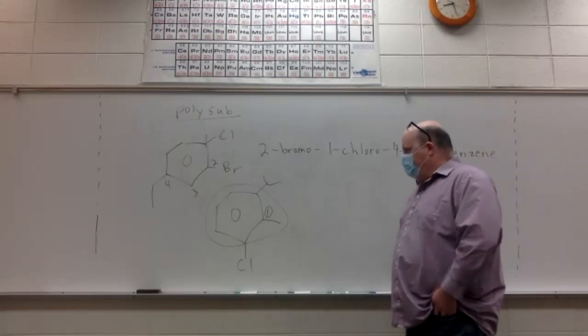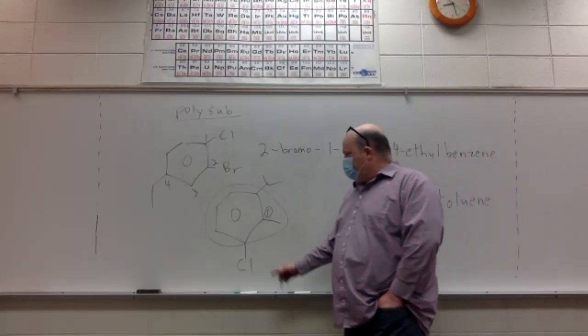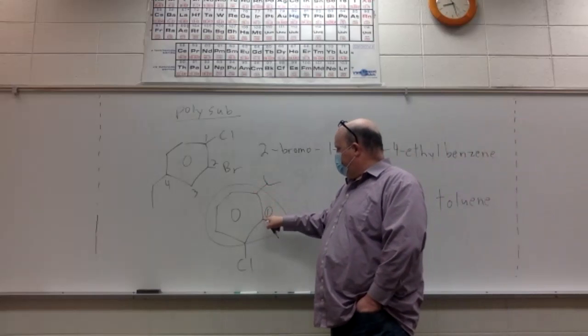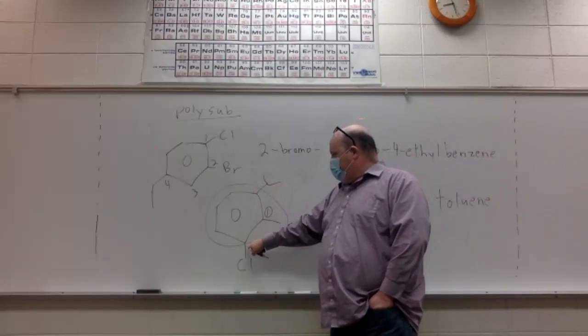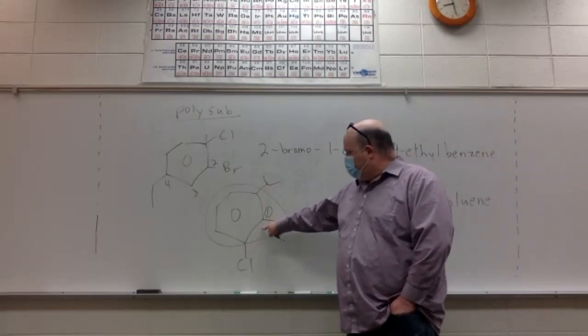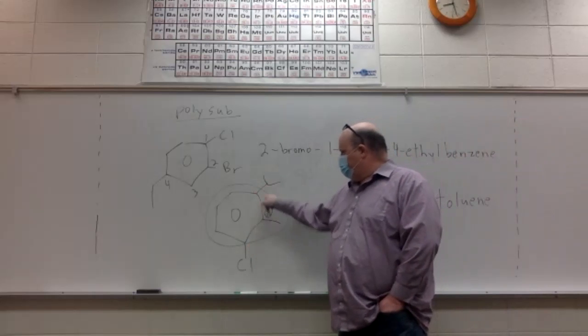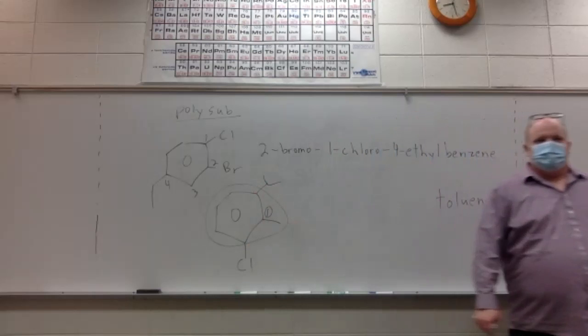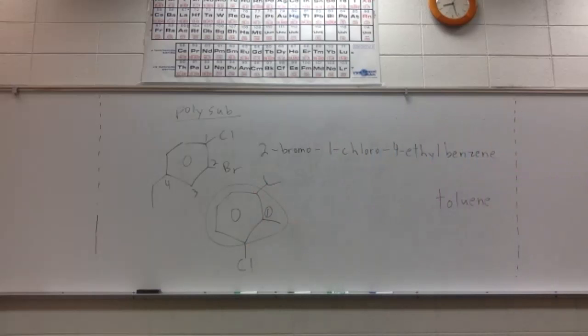So that means we're either going to go counterclockwise and have substituents at 1, 2, and 6, or we're going to go clockwise and have substituents at 1, 2, and 6. Which one do you think it is? Are we going to go clockwise or counterclockwise? Which gets number 2? Cl or the isopropyl group?